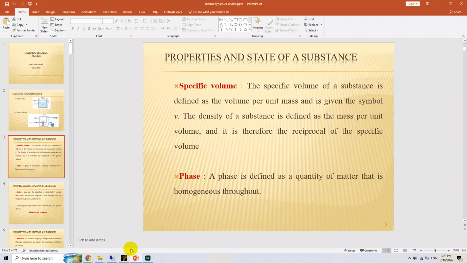But when we define the phase of the system, you can have material in more than one phase, for example, liquid, vapor or solid. They are some phases of material.